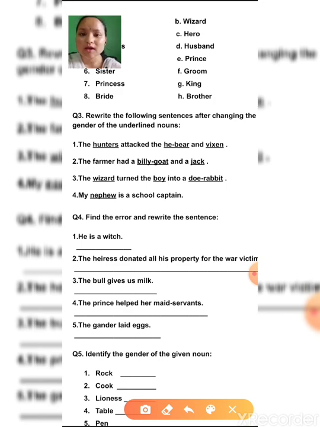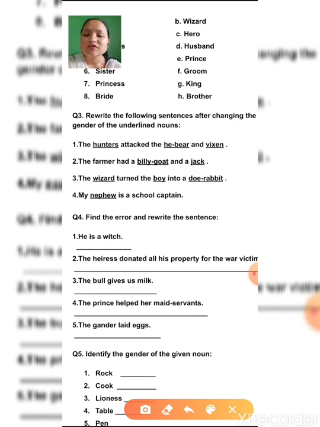So what will come? Huntress. He-bear is masculine gender. What will come? She-bear. And vixen is what, children? Feminine gender. And what will come? Fox. So the huntress attacked the she-bear and fox.